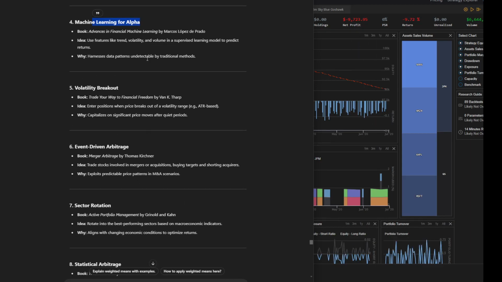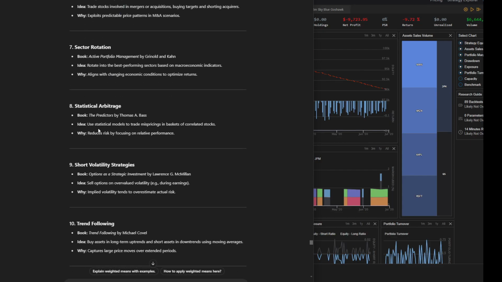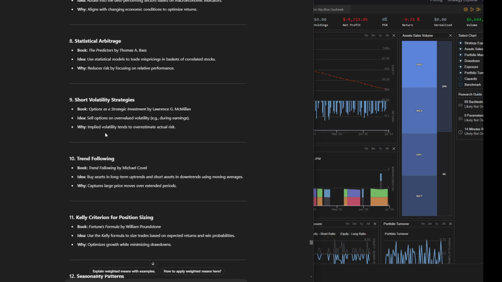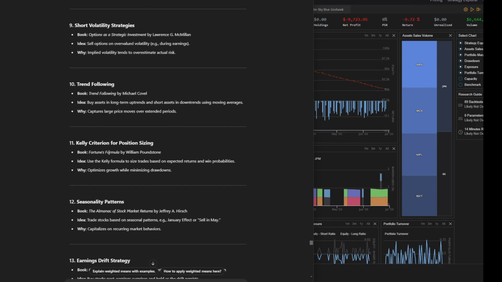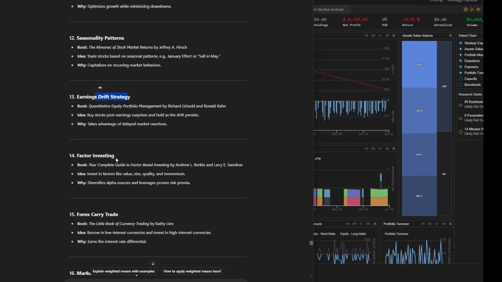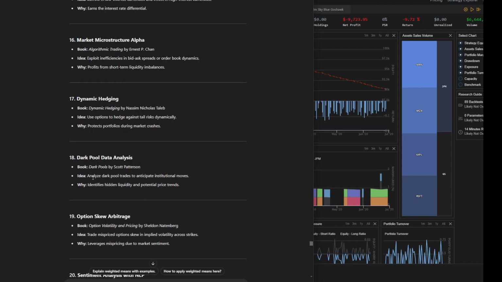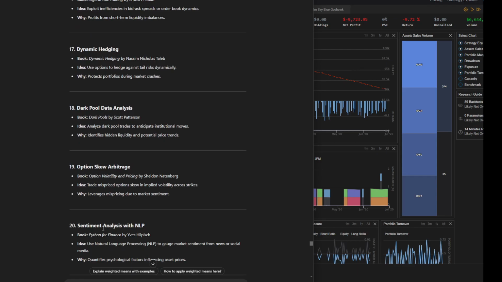And then volatility breakout, event-driven arbitrage, sector rotation, statistical arbitrage, short volatility strategies, trend following, Kelly criterion for position sizing, seasonality patterns, earnings drift strategy, factor investing, forex carry trade, market microstructure alpha, dynamic hedging, dark pool data analysis, options tier arbitrage, and sentiment analysis with NLP, not neurolinguistic programming, natural language processing in this case, which is also a sort of machine learning, I think.